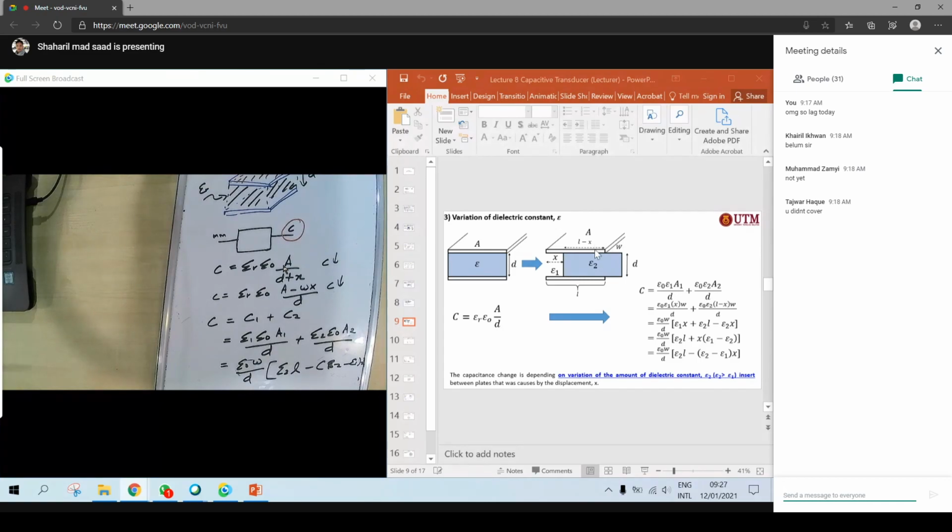The area for C1, attached to epsilon 1, is X times W, and the area for C2 is L minus X times W. So far, do you have any question?